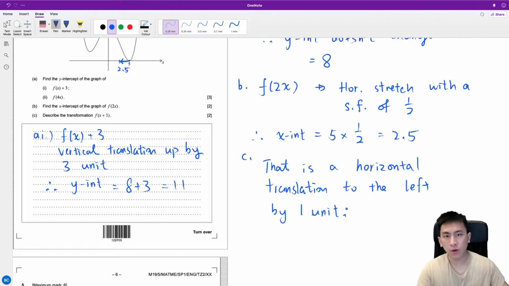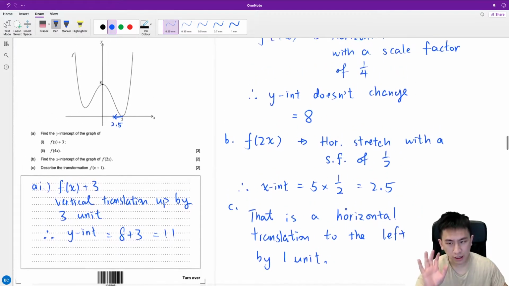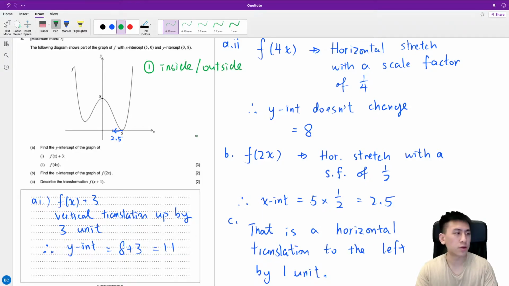But for those who have no idea what just happened, let me just go through a little bit about function transformation in terms of how you should memorize it or how you should remember them. All right, so there are only ever 2 things to spot for. One is whether the transformation is inside the function or outside the function. That's the first thing you spot for.